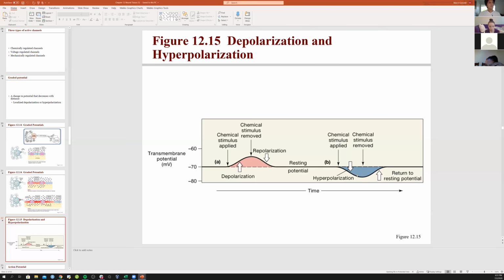The cell can also hyperpolarize. What would make a cell turn more negative? This could be opening more potassium channels, allowing more potassium to leave the cell, more of that positive charge to leave the cell.